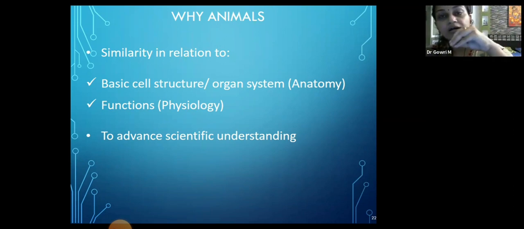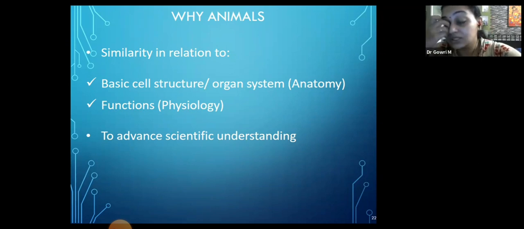If your study is related to hormonal involvement, then you have to take an animal model which has more or less similar action to human physiology in relation to that particular hormone. So that is very important when you are going to take an animal model. The basic cell structure, organ system, or anatomy should be comparatively similar to the animal that you take, which is comparable to humans.